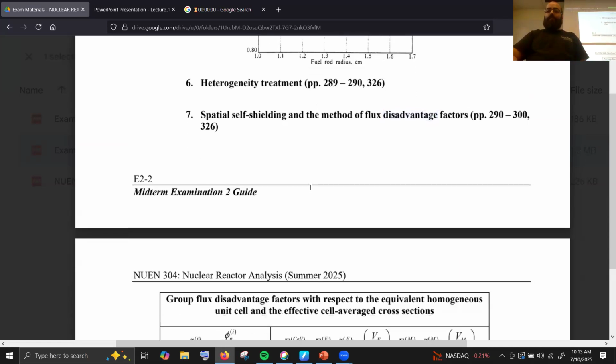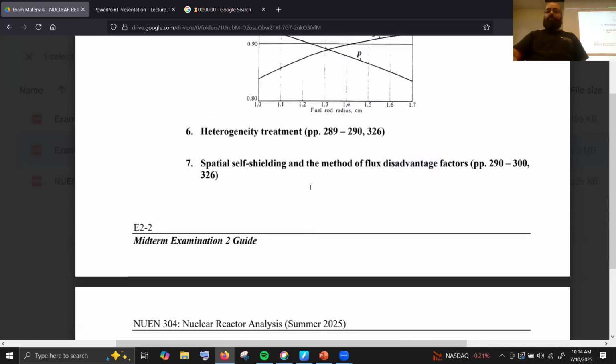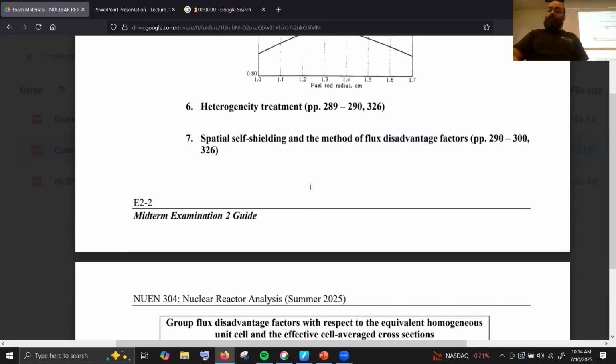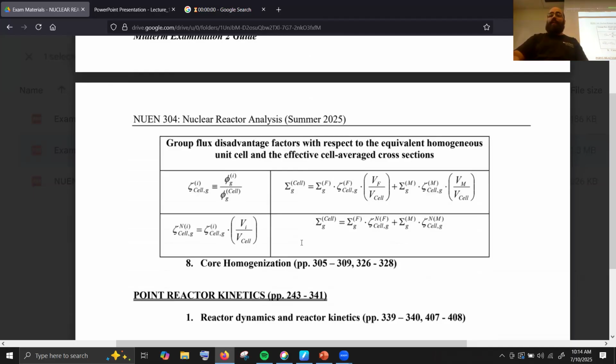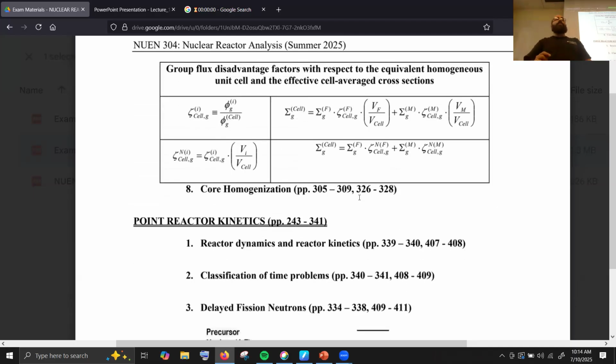We talked about some of the things involving spatial self-shielding. We talked about those group flux disadvantage factors, and we talked about how to homogenize a reactor core to get cell averaged cross sections for that reactor. That whole idea of cross section and cell homogenization was a big part of chapter 5.